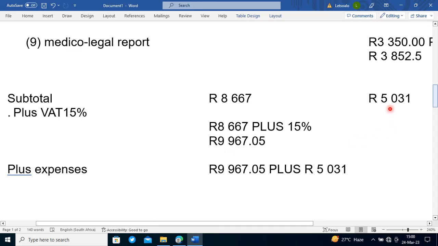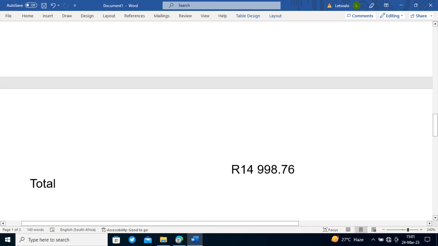Then we say plus 5,031 rand, as you can see. Then we add, and it's going to give us our total. Our total amount is going to be 14,998 rand 76 cents. Yeah, that's it. That's how we calculate it.